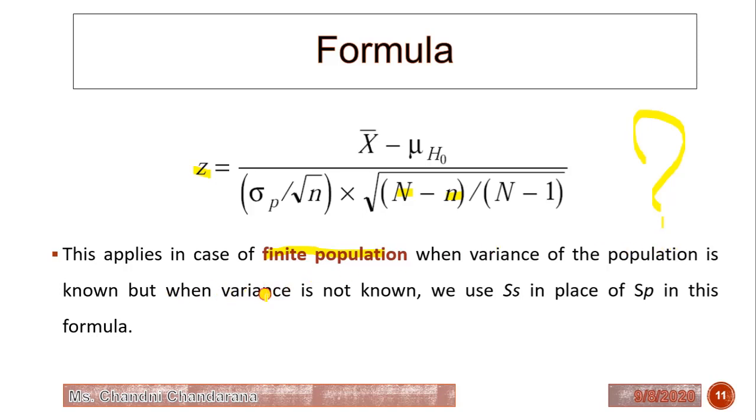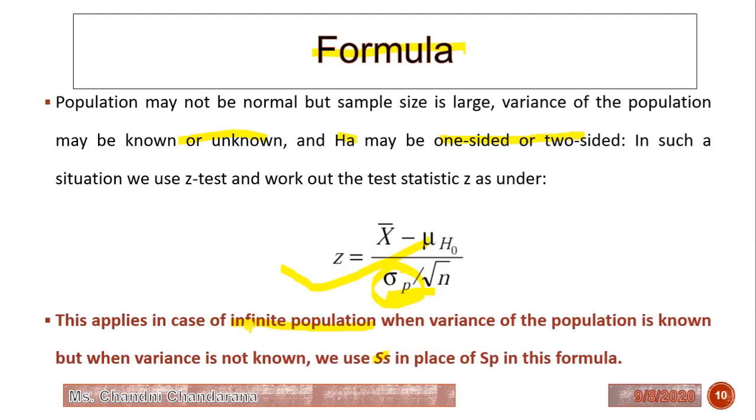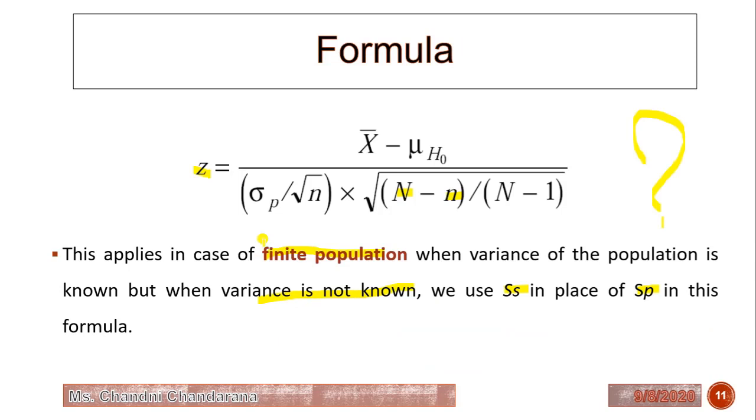When the variance is not known, here also we can use the standard deviation of the sample in place of the standard deviation of the population. So here the population is infinite, but there the population is finite. These are the different formulas by which we can identify the Z value.